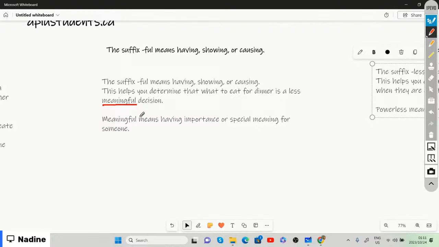The words that someone says to you are meaningful. Sometimes we speak of meaningful friendships, meaning that this friendship is important and special. Meaningful means having importance or special meaning for someone.